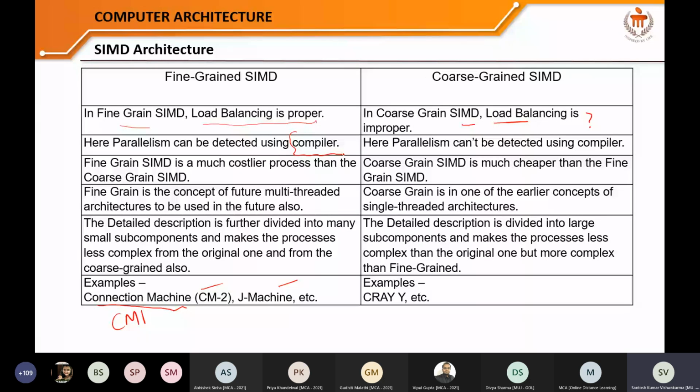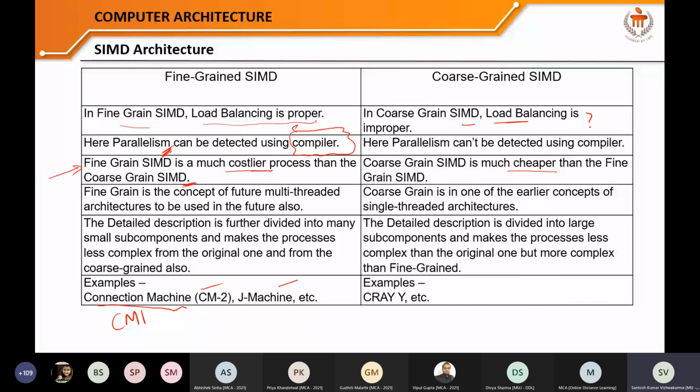Just above the operating system, if you are executing different system software, the compiler can be implemented in such a manner that it can see the level of parallelism being executed. But it's not possible every time, and it also depends on the structure we discussed in the previous slides. The next point is that fine grained SIMD is a much costlier process than coarse grained SIMD because of the structure, and coarse grained is much cheaper than fine grained SIMD.